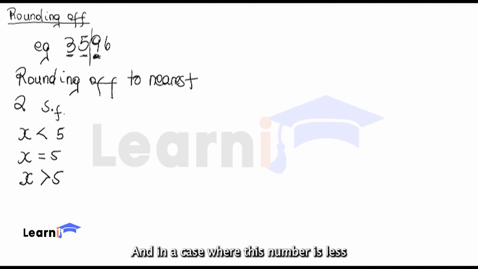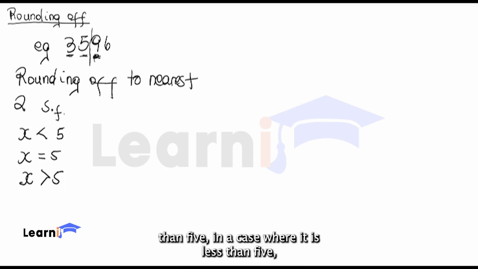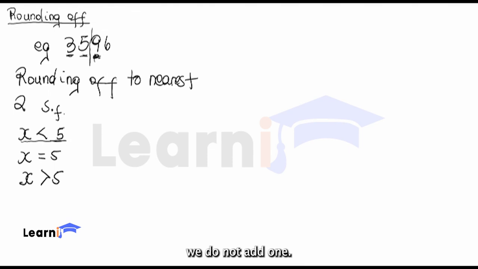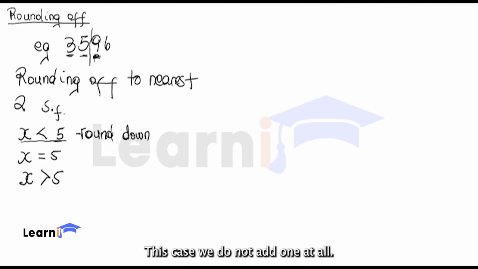In a case where this number is less than 5, we do not add 1. We round down. This says we do not add 1 at all.